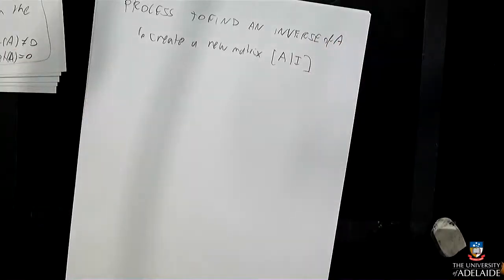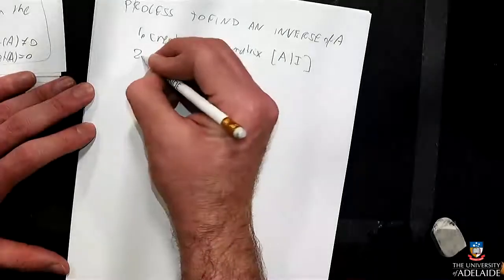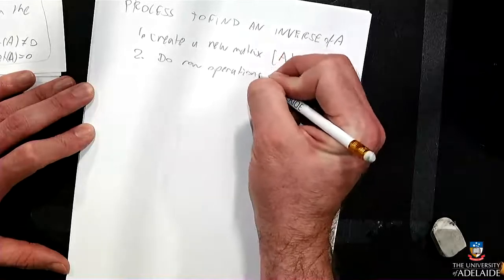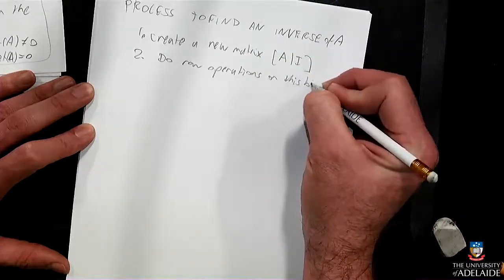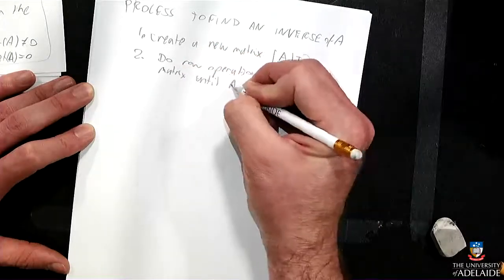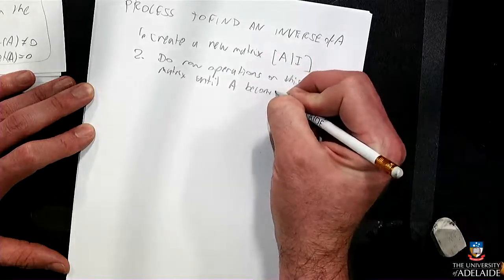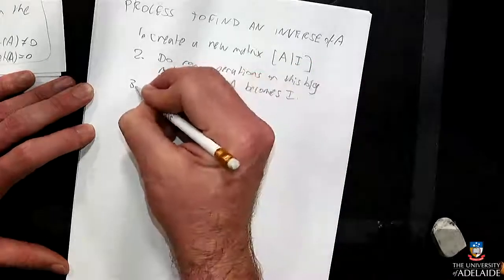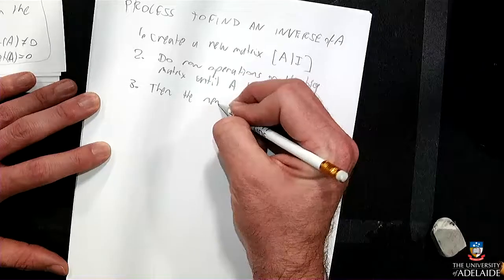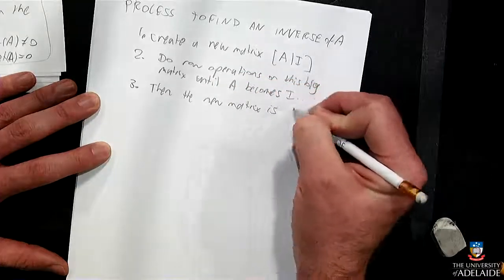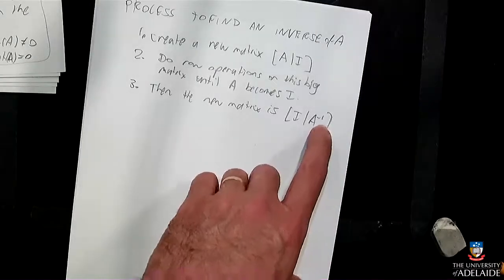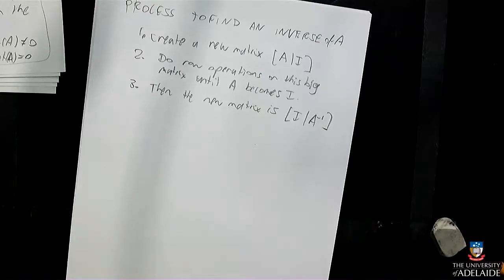And that's how we normally write it on paper. 2, do row operations on this big matrix until A becomes I. And 3, then the new matrix is I next to A inverse. Now it's not like this whole thing is the inverse, just a little bit in there, that will be the inverse by that time. Okay, that's the process.